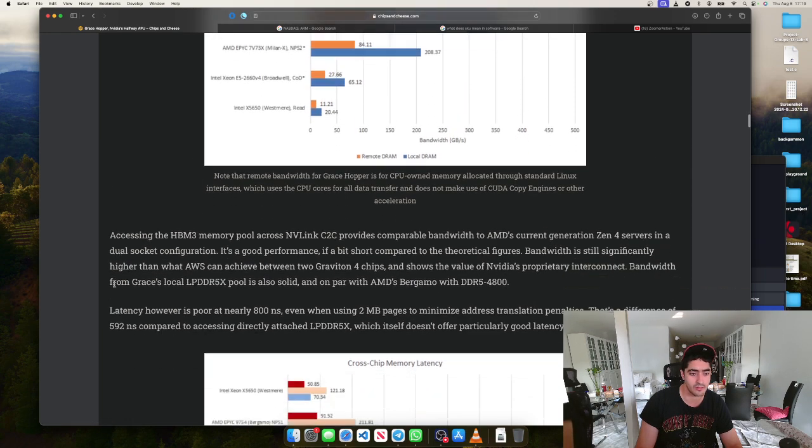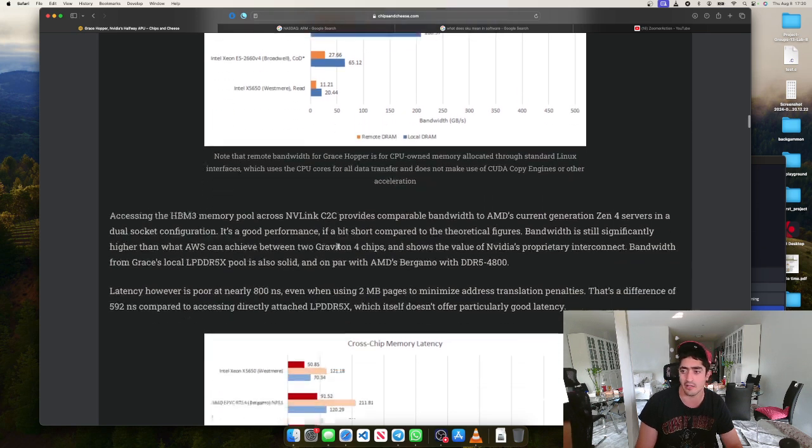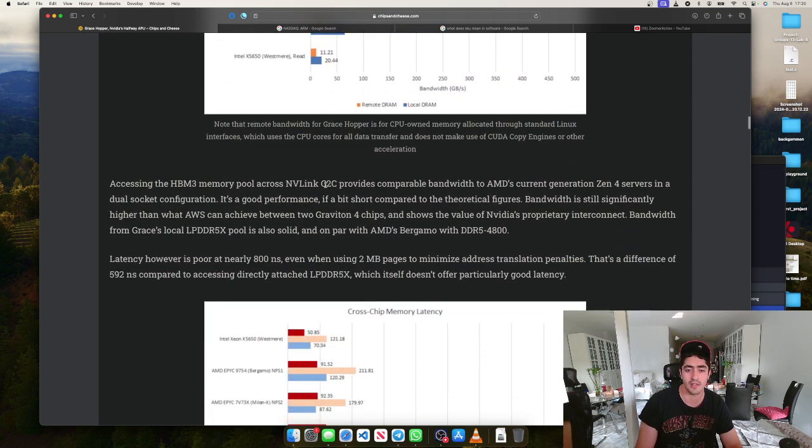And then you go to accessing the HBM3 memory pool across NVLink C2C. It provides comparable bandwidth to AMD's current generation Zen 4 servers in a dual socket configuration. It's a good performance, if a bit short compared to the theoretical figures.